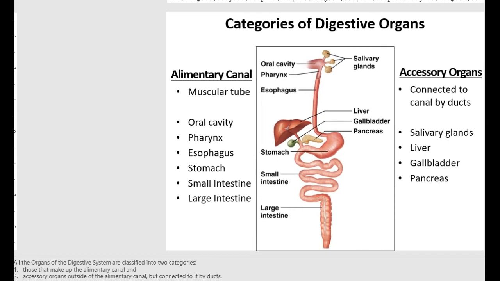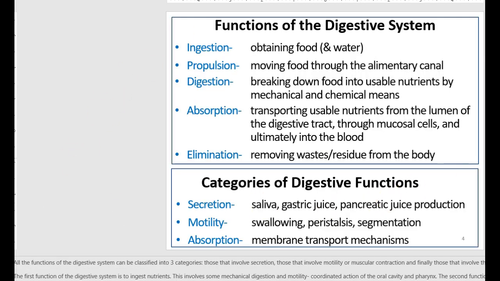The accessory organs mainly assist in digestion, mechanical digestion or chemical digestion. These include the teeth, tongue, gallbladder, salivary glands, liver, and pancreas. So all those organs function together.